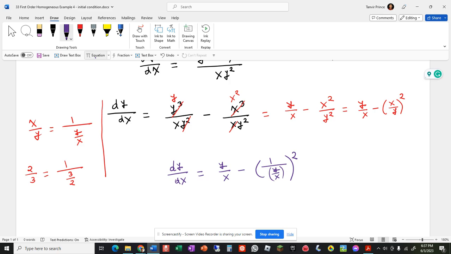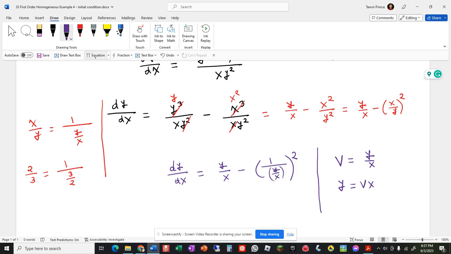So let's do that same substitution as we always do for the homogeneous. Please make sure you watch the previous videos for the other examples of homogeneous. So I have v equal to y over x, cross multiply, y equal to vx. Remember, v here is a function of x because y is a function of x.